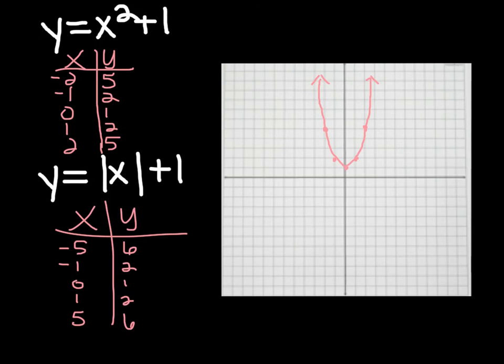So my first one is -5, 6. So 1, 2, 3, 4, 5 to the left, 1, 2, 3, 4, 5, 6 up. Then I have -1, 2. Then I have 0, 1. And 1, 2. And then 1, 2, 3, 4, 5, 1, 2, 3, 4, 5, 6.